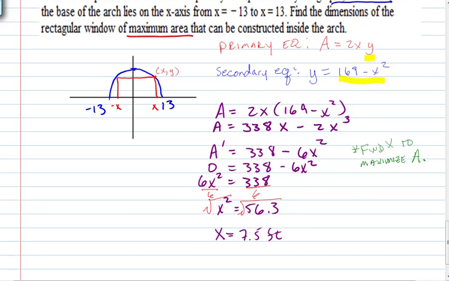What were we asked to find? The dimensions, right? So then the dimensions, really? My pen has quit working. That happened last time. The dimensions here are going to be 2 times x.